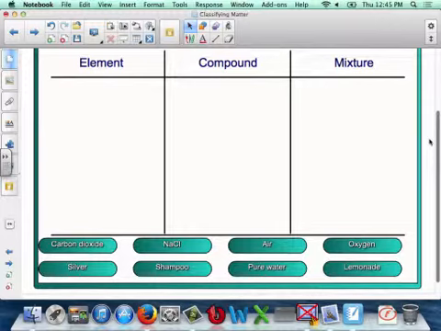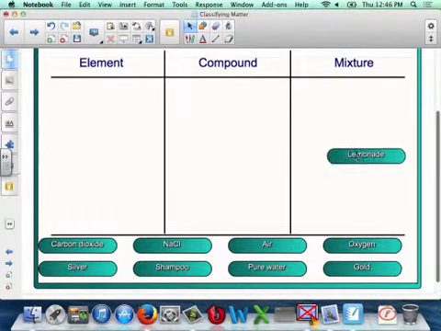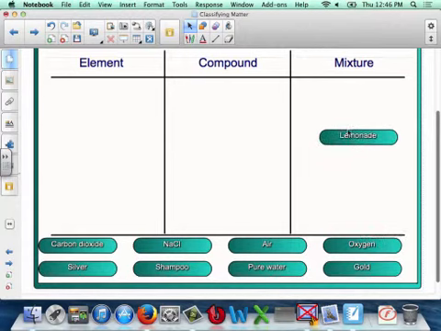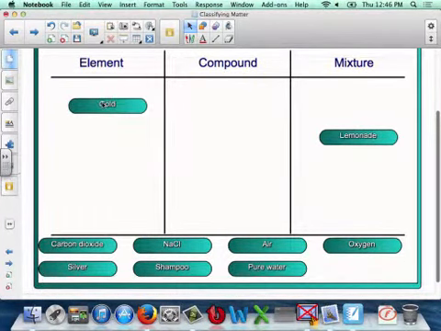Alyssa, give me one. Lemonade is definitely a mixture. Very good. Casey. Gold is an element.